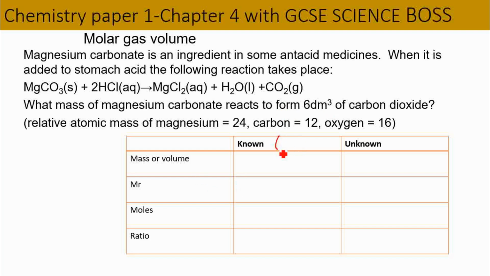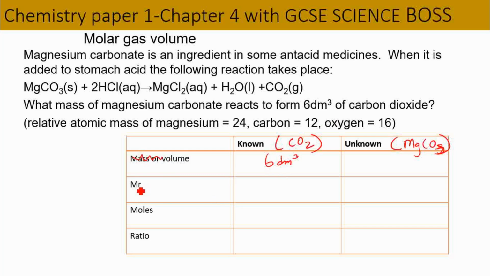So what's my known? I know the volume of carbon dioxide. I'm trying to find the mass of magnesium carbonate. My bad. Lots of calculations here. MgCO3. Okay, good. So 6 dm cubed, that's my volume.